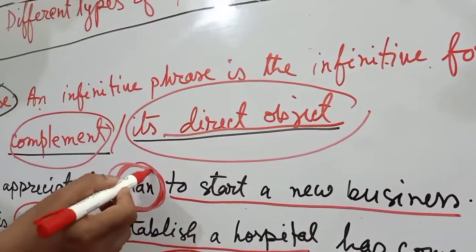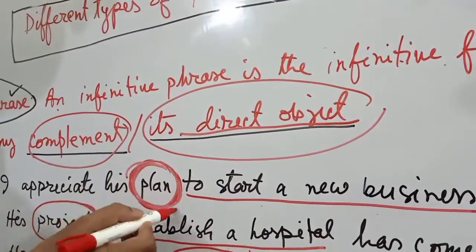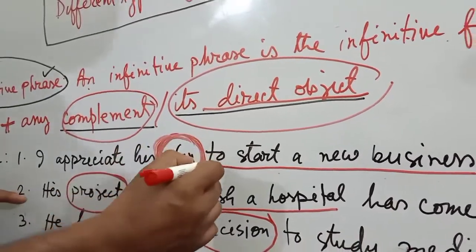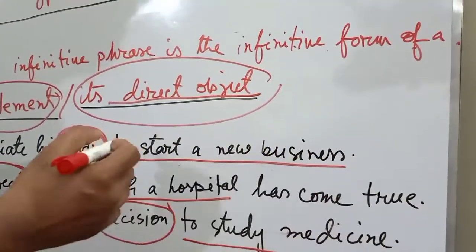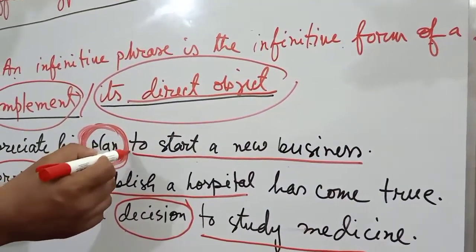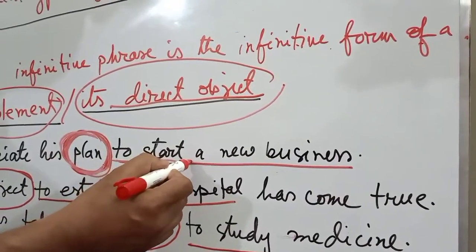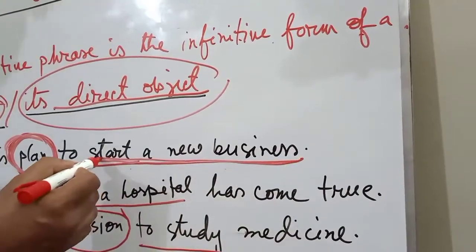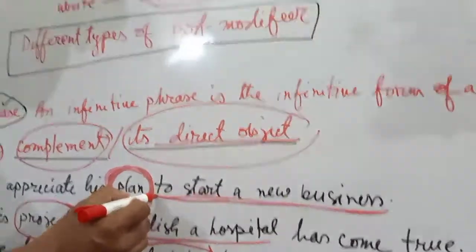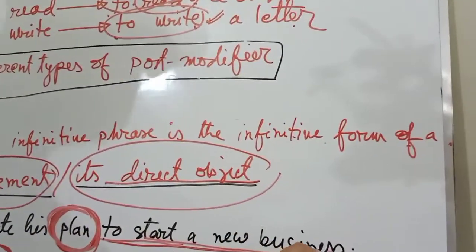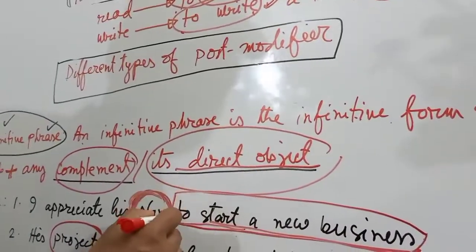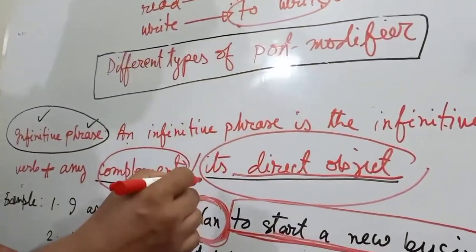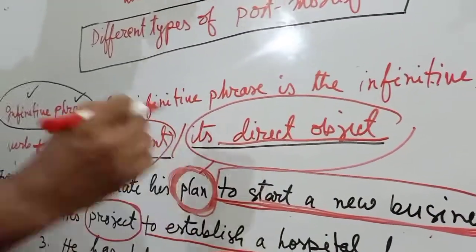Here, plan is the head word. এই প্ল্যান শব্দটাকে মডিফাই করবে an infinitive phrase. Here, to start is an infinitive, and a new business is the direct object. So to start a new business is the infinitive phrase. This infinitive phrase has been used as post modifier here.